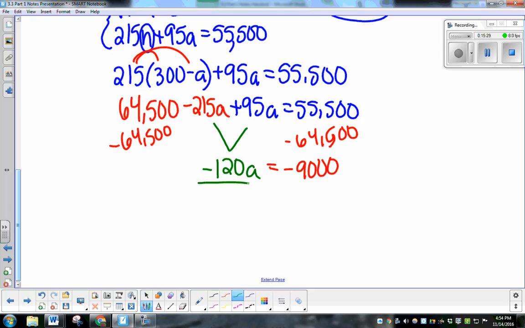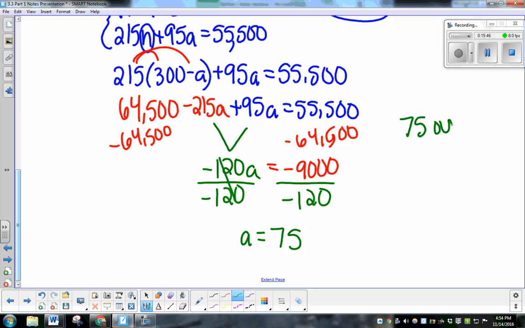So now what I need to do is just divide by negative 120. And I'm left with A equals 75. So remember, A meant the ounces of shaved almonds. So we know that she got 75 ounces of shaved almonds.